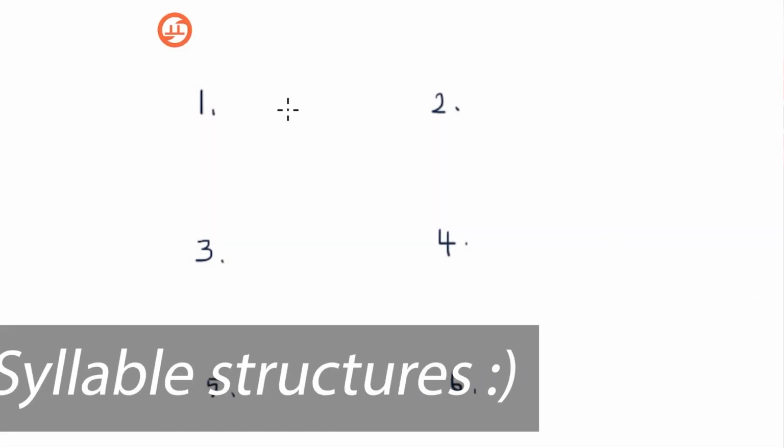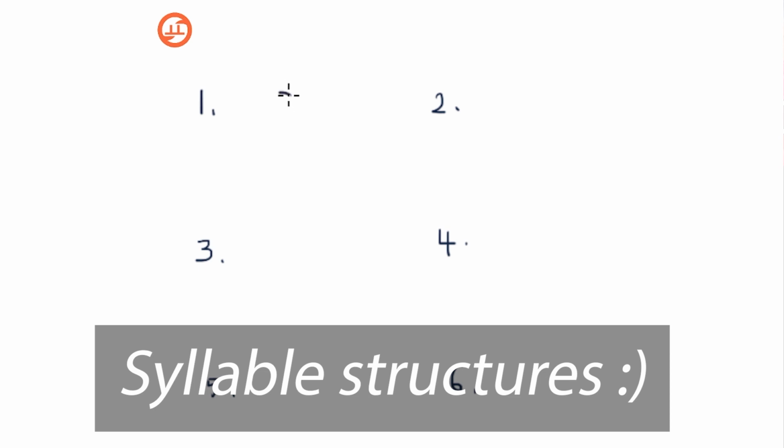In order for you to really understand this, I need to teach you syllable formats. There are 6 syllable formats, and every format starts with a consonant. The first one is consonant and vowel. Second one, consonant, vowel, and consonant. The third one, consonant, vowel, where the vowel goes on the bottom.